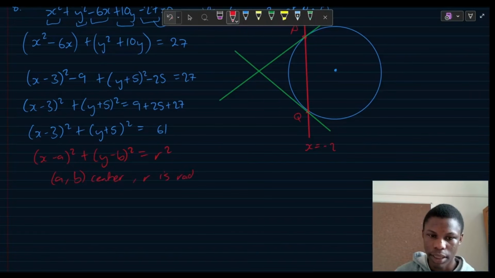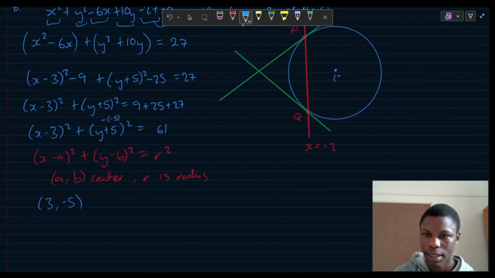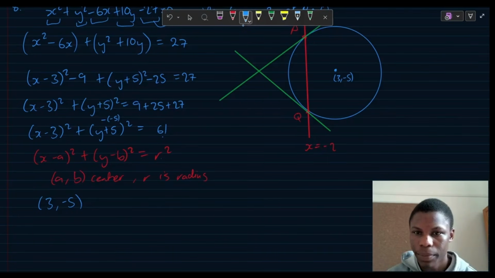So in our case, our center has coordinates 3 and -5. That's our center there. All right, our radius: r squared is equal to 61, so the radius will be root 61, but it is not relevant at the moment.